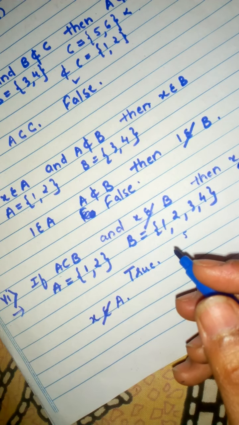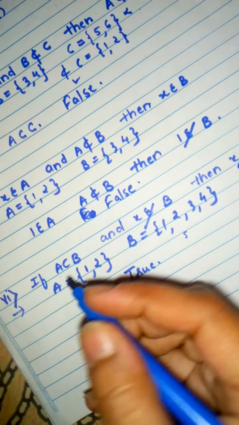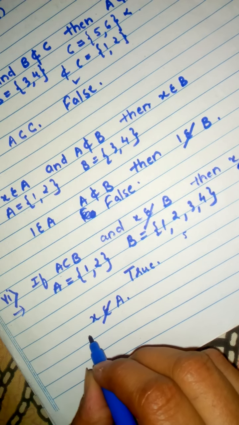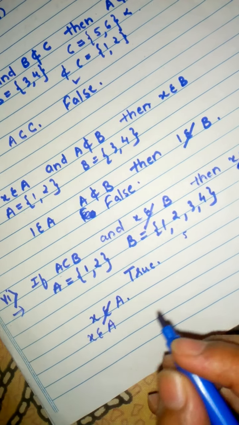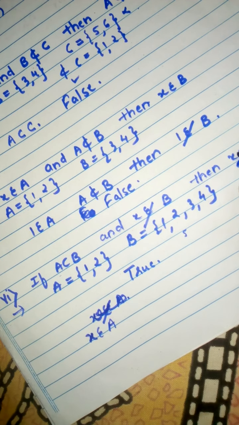Now what does A subset of B mean? A subset of B means that every element which is there in A has to be there in B. So let us start like this, working backward.